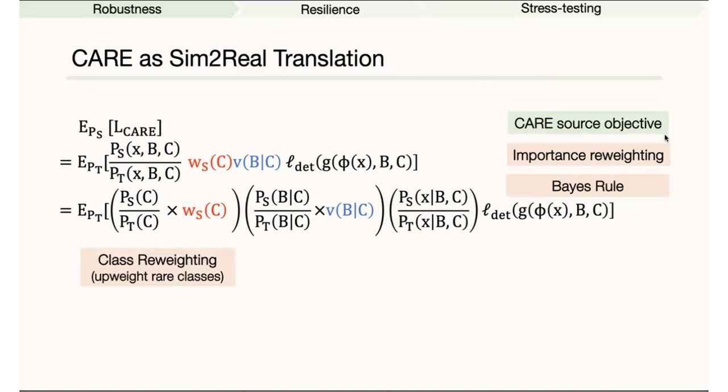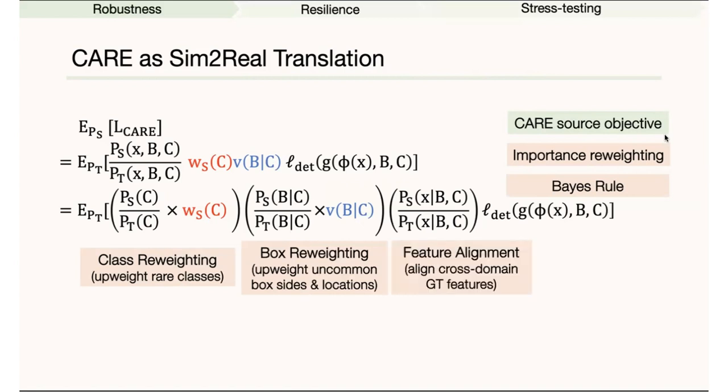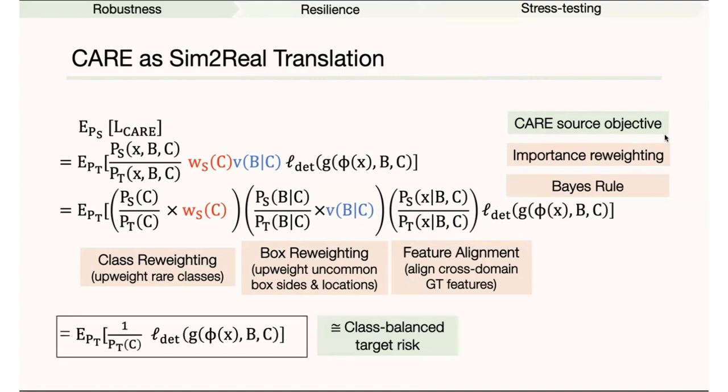But the high-level takeaway here is that we're doing class reweighting, we're doing class conditional box reweighting, and we're doing feature alignment here. And a lot of these terms cancel out, and what you get is a class balanced version of target risk. So essentially, by plugging in these terms, we're approximately optimizing a class balanced version of target risk, which in a sense can be considered as translating source data to target in feature space.